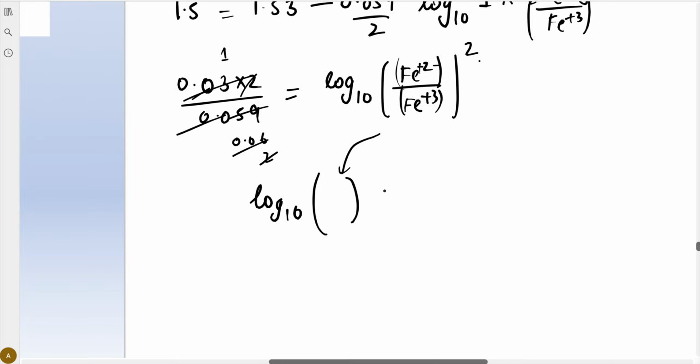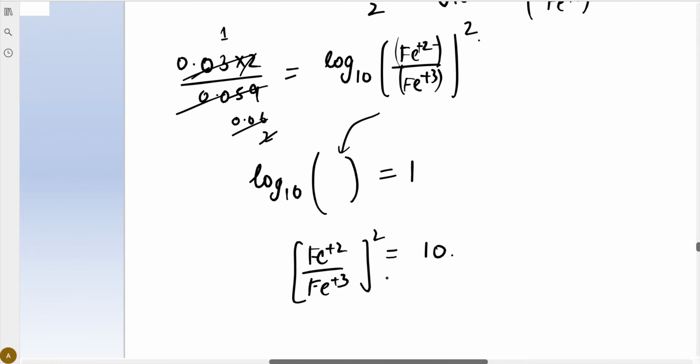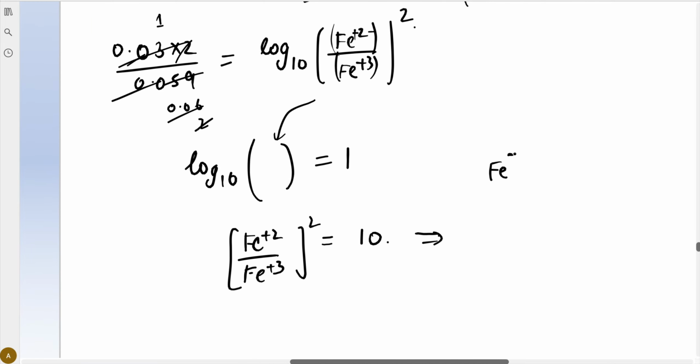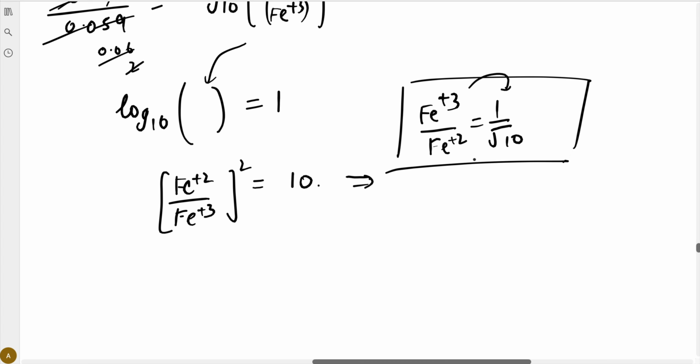This all will come 1, so Fe2 positive by Fe3 positive whole power 2 is equal to 10, but Fe3 positive by Fe2 positive will come 1 by root 10. So you take Fe3 as 1, Fe2 positive as root 10. So calculate the fraction of how many Fe3 positive were there.